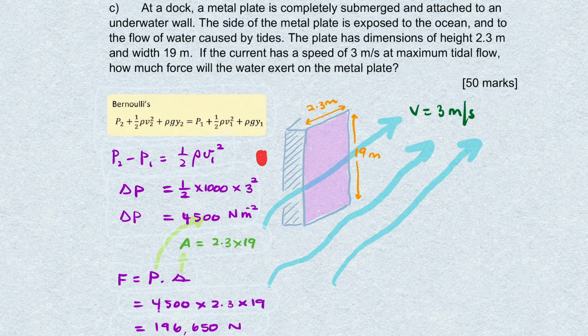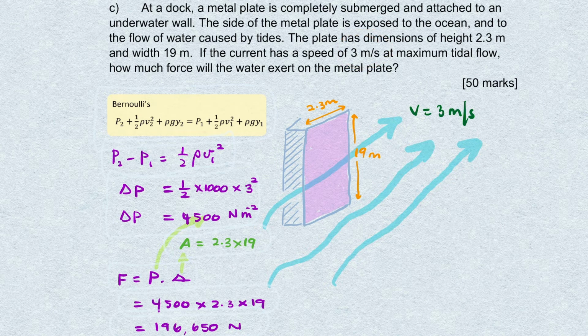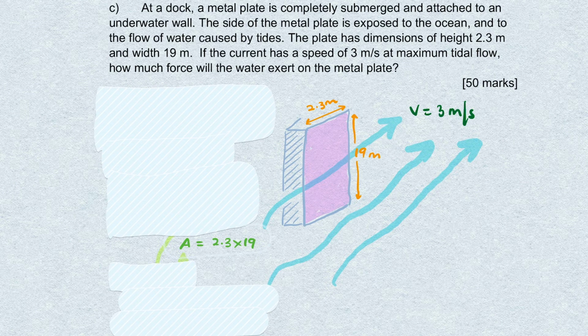So there's no water flowing on one side, and there's water flowing on the other side. We're given the rate of flow, we're given the dimensions of the wall, so we know we can find the area of the wall, and the question is asking for the force exerted on the wall.